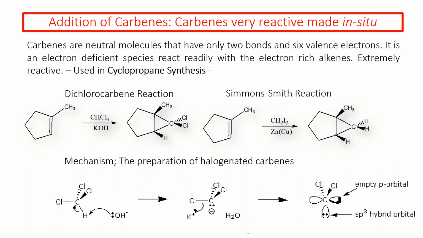Or we can use diiodomethane in the presence of a zinc catalyst, and this is called the Simmons-Smith, where we have the naked cyclopropane.